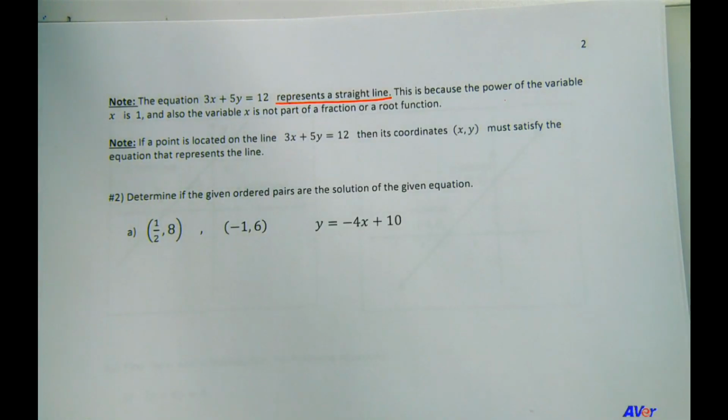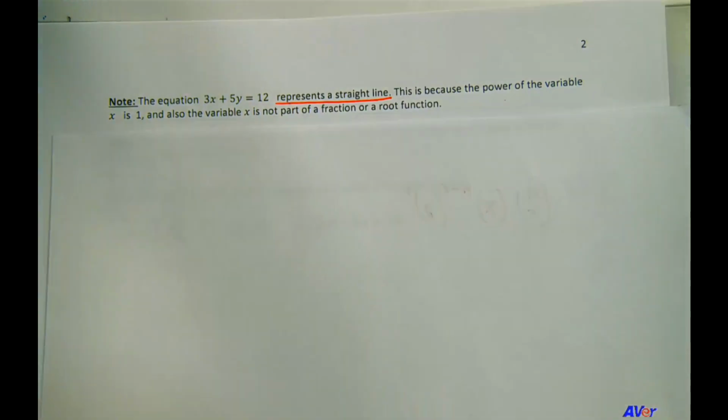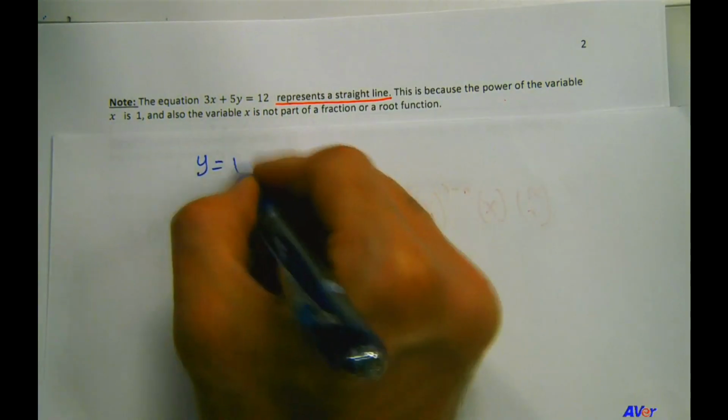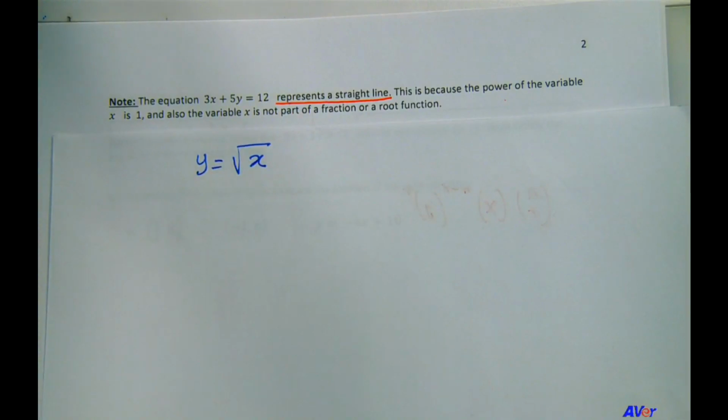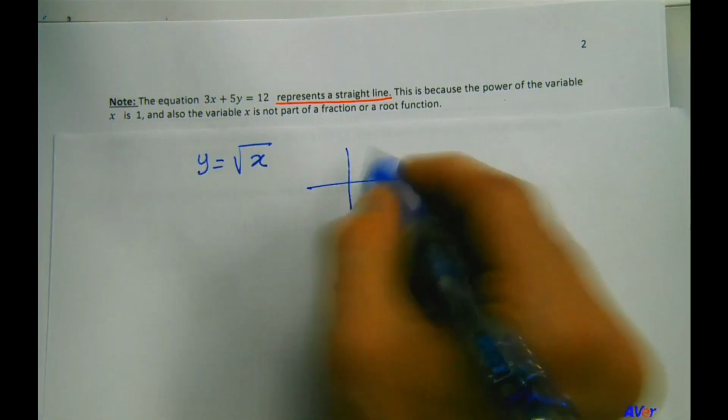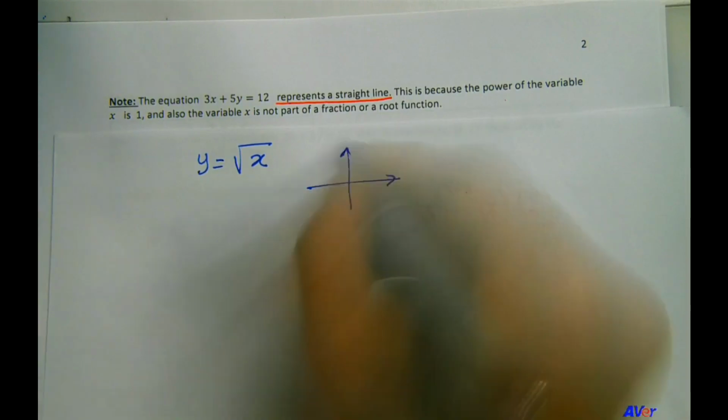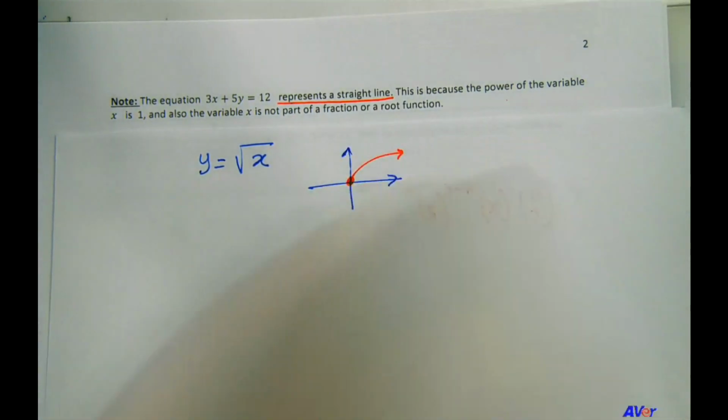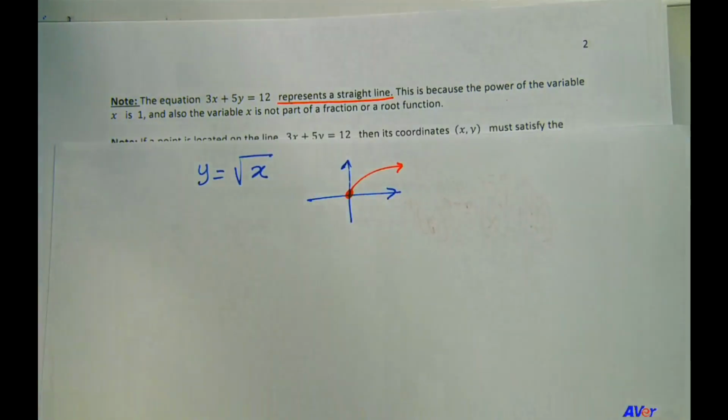And also the variable x is not part of a fraction or a root function. So if we had, let me use a scratch paper to write this down. So for example, that is not a straight line. In fact, if you graph that, it's going to do something like that. So it's not a straight line. Okay. Also things like that.